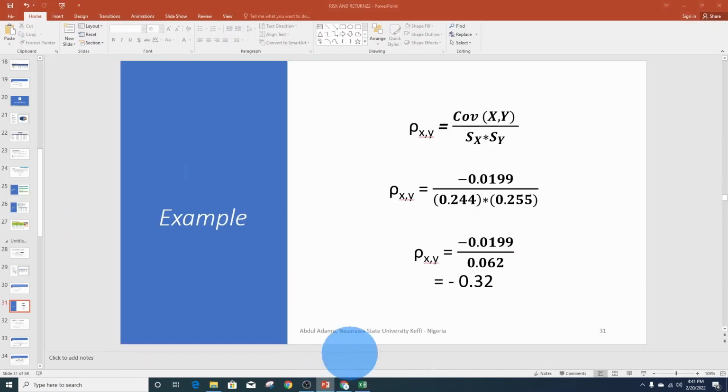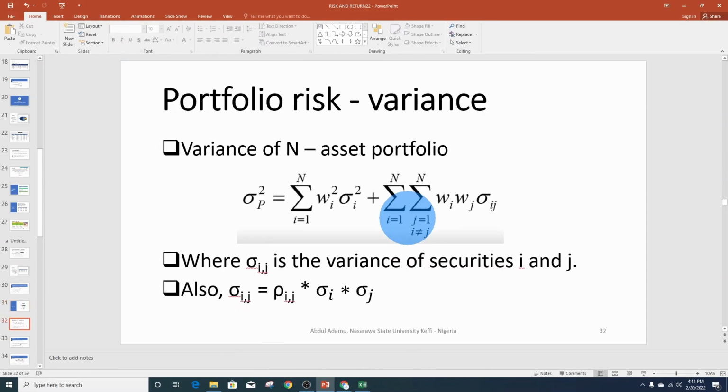Now that we have our covariance and correlation, we are now equipped to do the portfolio risk. Now to do the portfolio risk, first variance.